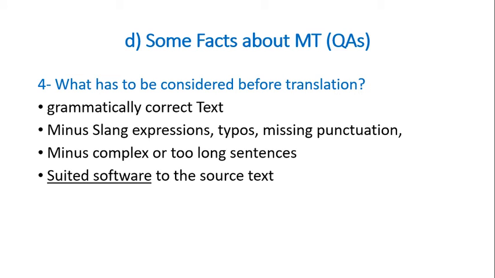The point here is we need a quality translation, so it is called pre-editing. We pre-edit the text, I mean we edit the text before translation, and then the selection of suitable software for the source text. This is a little bit technical point, which is suitable software for the text, because right now in the market or in the industry, there are various kinds of solutions for various kinds of text.